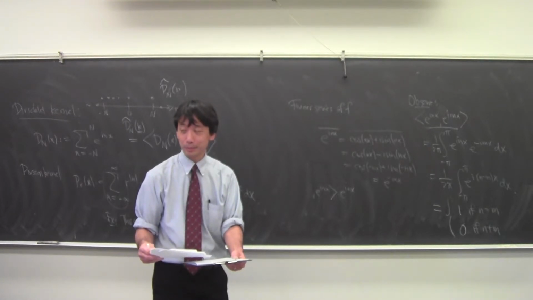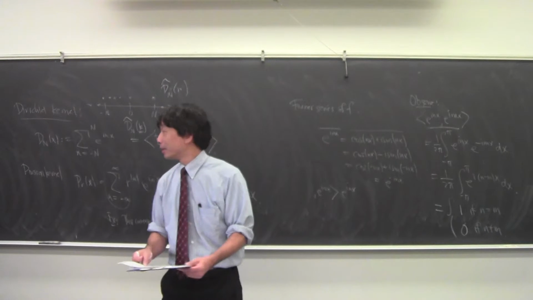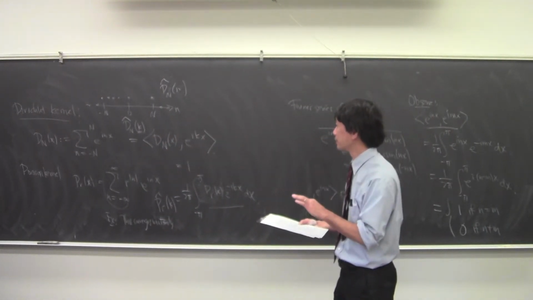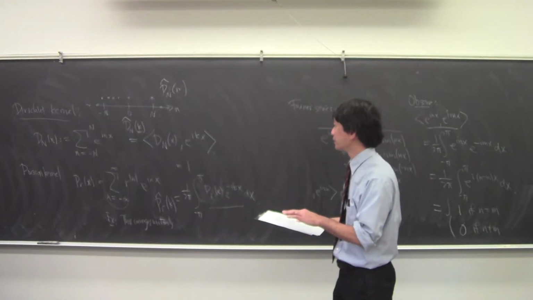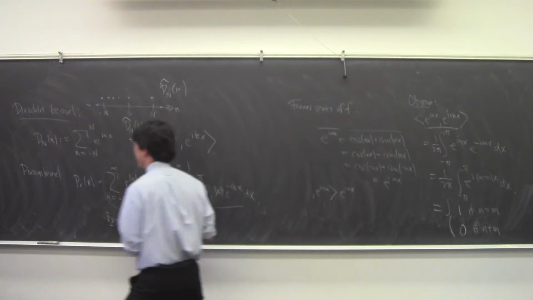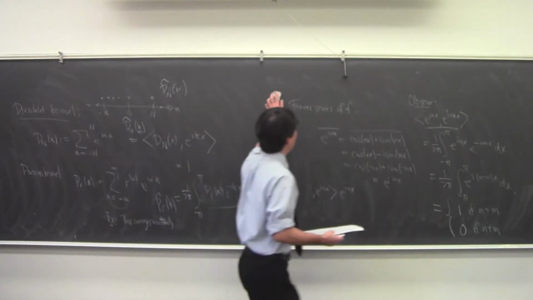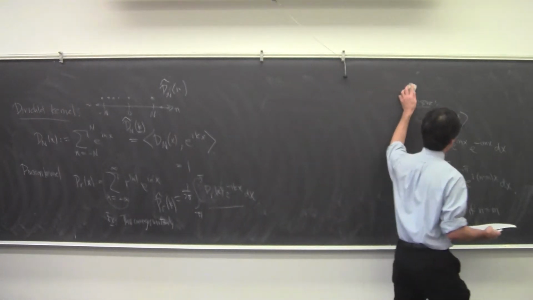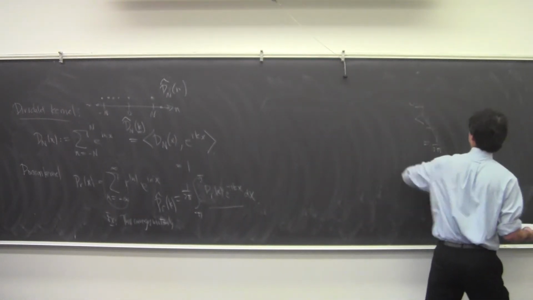What are the good things about these two kernels? Is it related to approximate identity? It actually is. So you asked this last time. The Dirichlet kernel turns out not to be a good kernel.